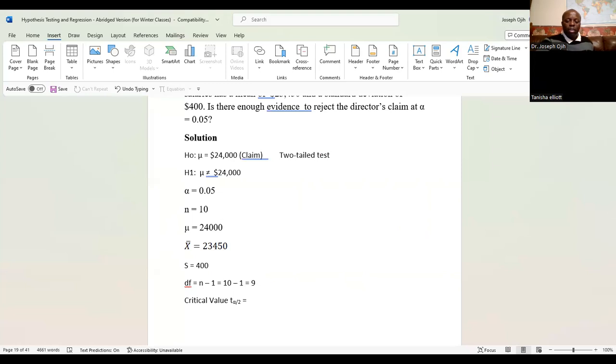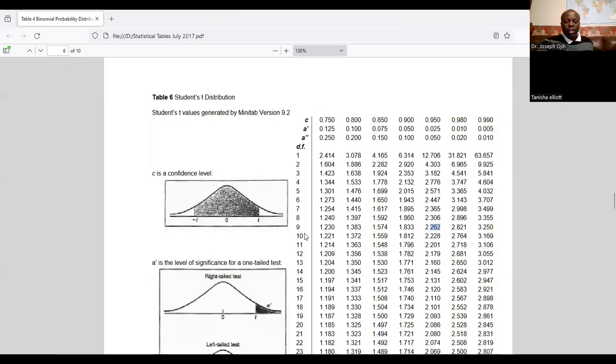So that will give us the critical value: 2.262.